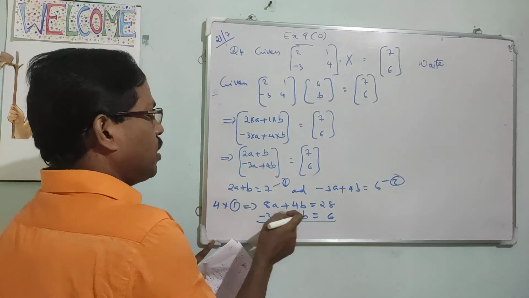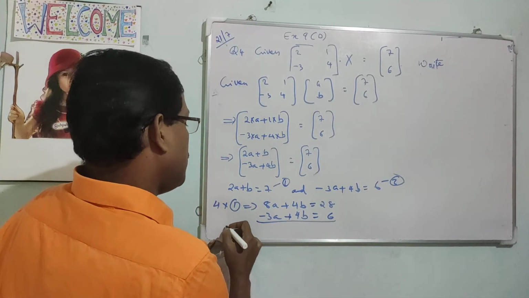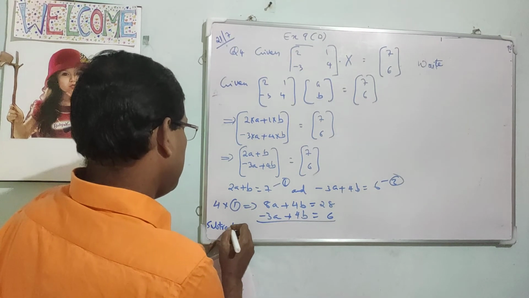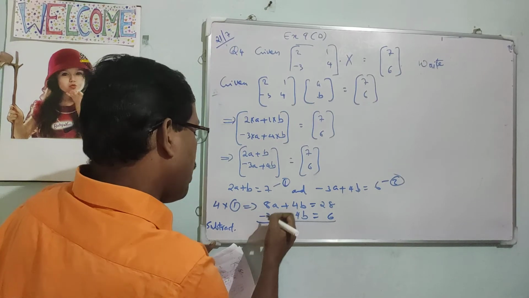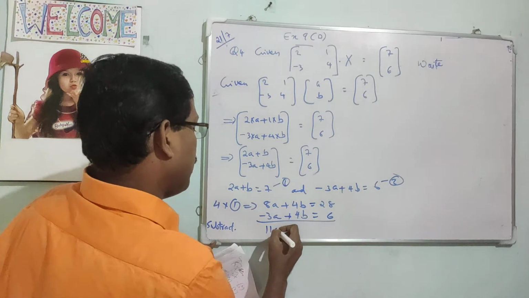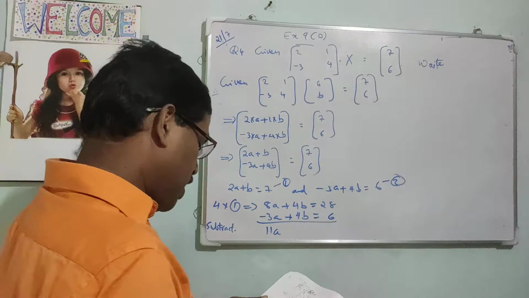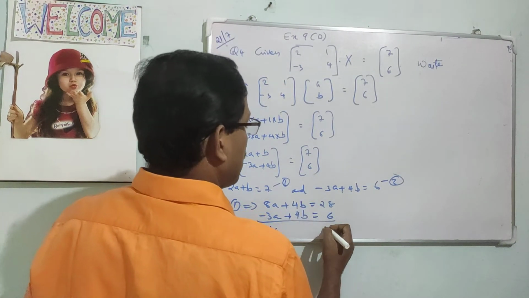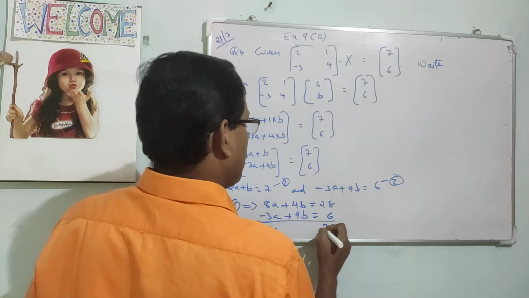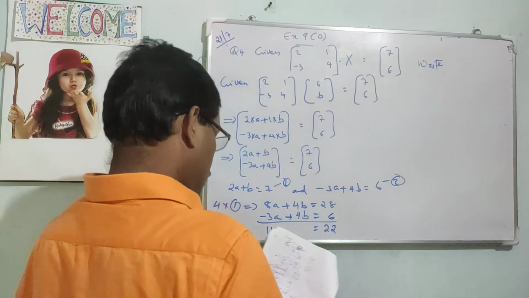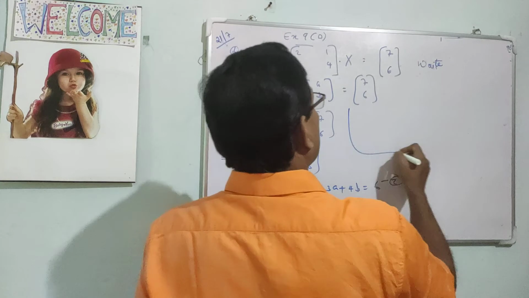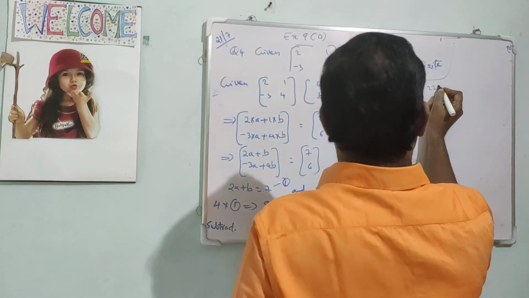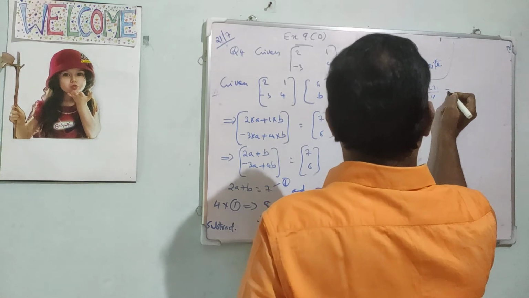If you subtract, 4B minus 4B becomes 0. 8A minus 3A becomes 11A, and 28 minus 6 becomes 22. Correct? So you get A is equal to 22 divided by 11, that is equal to 2.